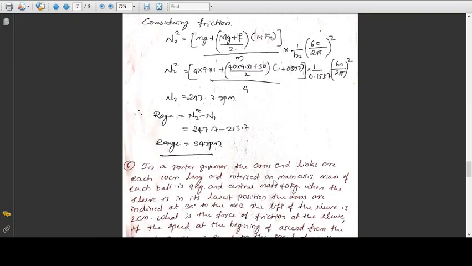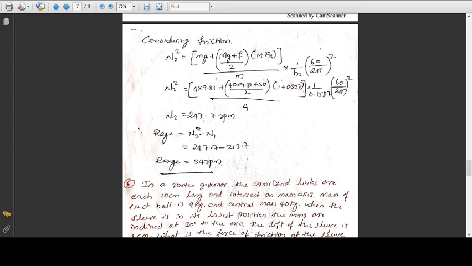So now by considering the friction, we will try to calculate the speed. That is N2 square equal to mg plus mg plus F. In the previous step, you considered this sign as negative because the travel was downward, but here the travel will be in the upward direction. That is the reason why we are considering this friction with positive sign, divided by 2 into 1 plus K2.